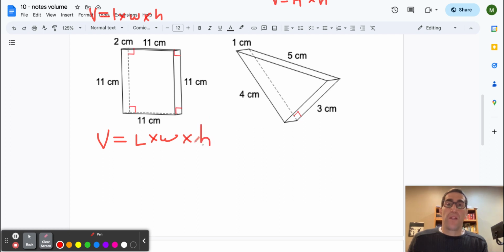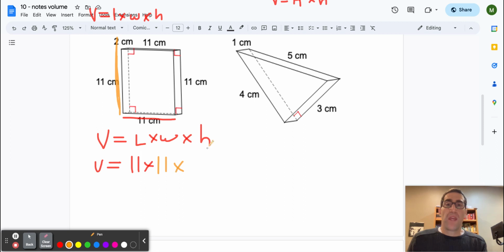I know my length is this 11. So my volume, I'm going to start substituting, is equal to an 11 times, well, what's this width? That's also an 11. That's this distance, this diameter. So I'm going to put an 11 here.